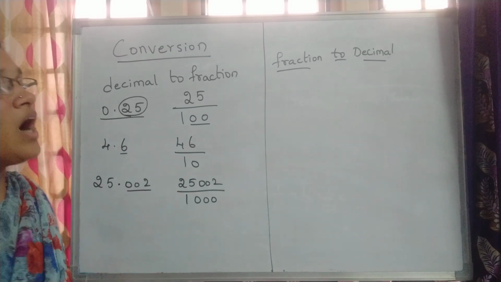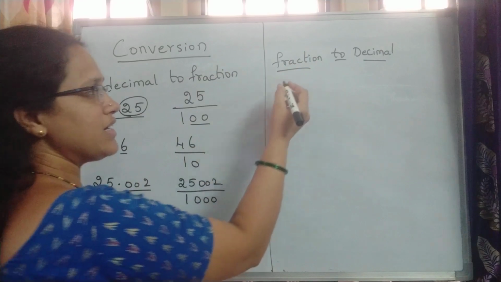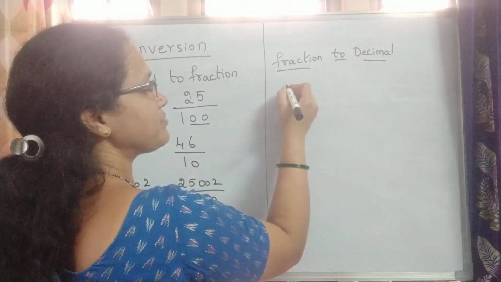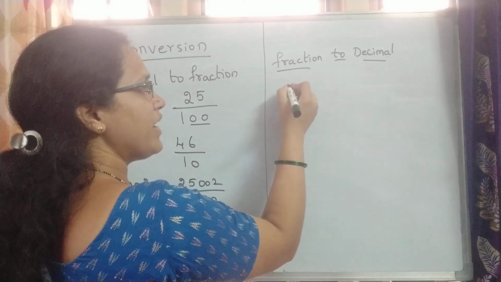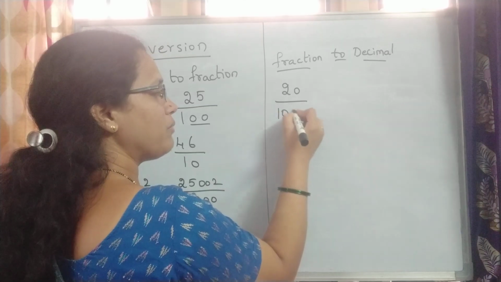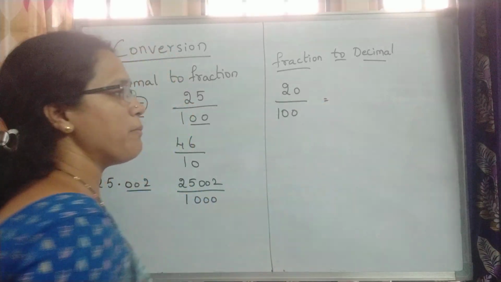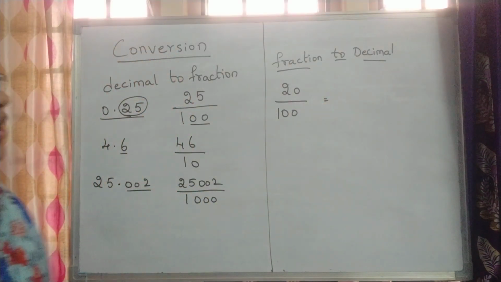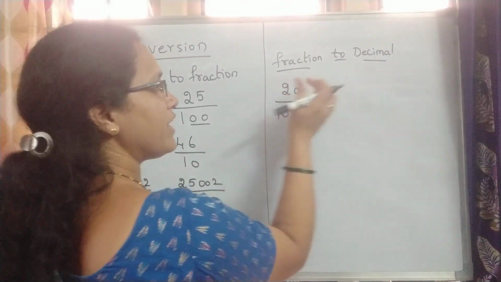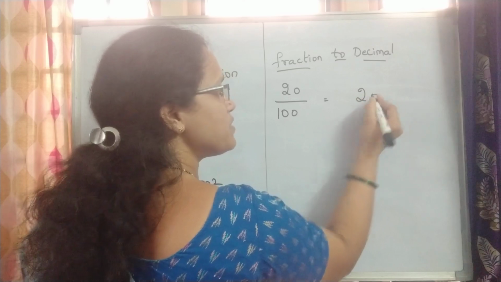Now how to convert fractions to decimals? Let us take examples of fractions and then convert them to decimals. Suppose I have 20 by 100. If the number is given like this in fraction form, we do the same thing. First we write the numerator, giving some space before and after.